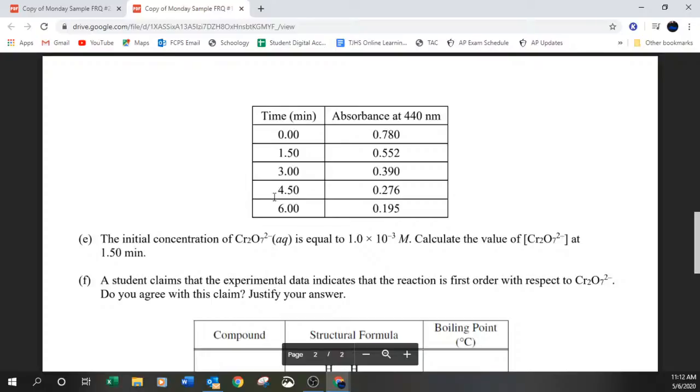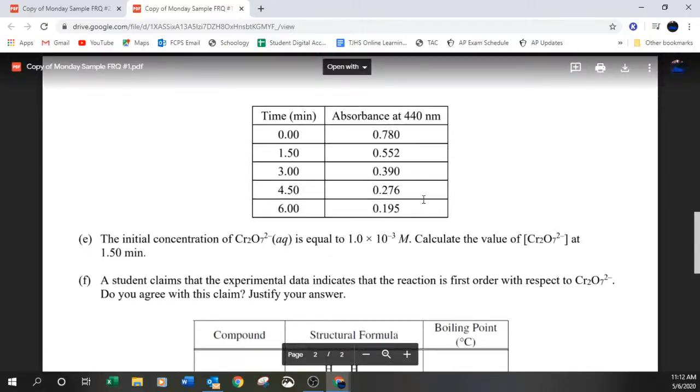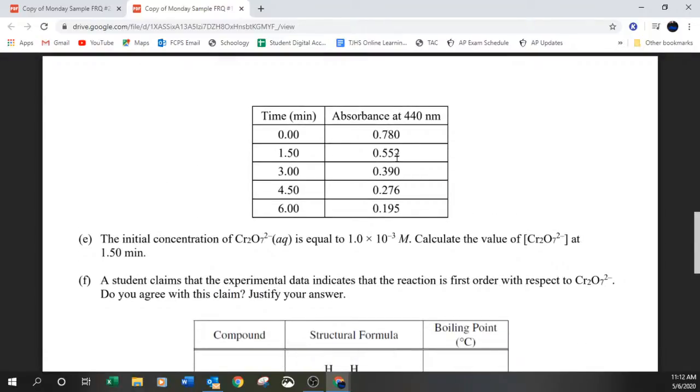Okay, so I guess what we could do is look at the rate of change, which is about 2.3, 2.2, 1.4. The rate of change is not consistent, so it's not linear.